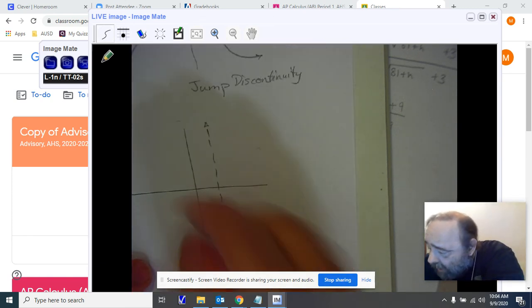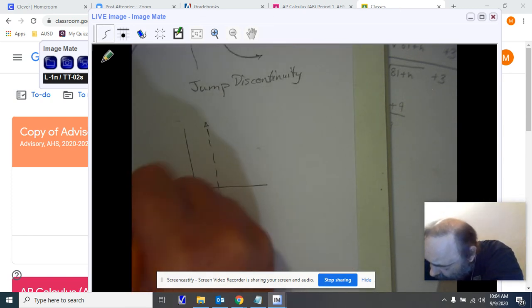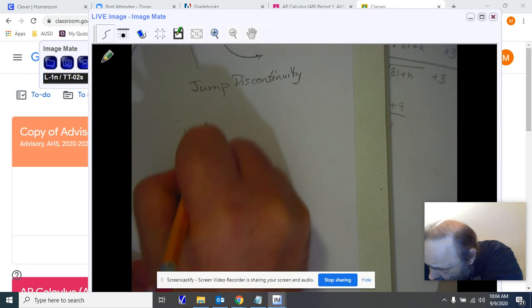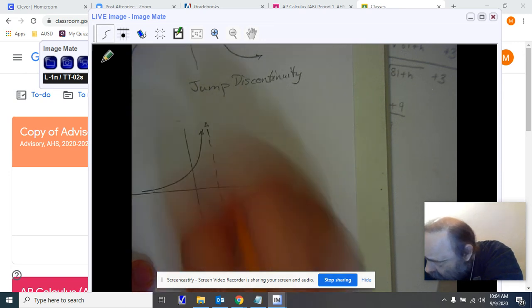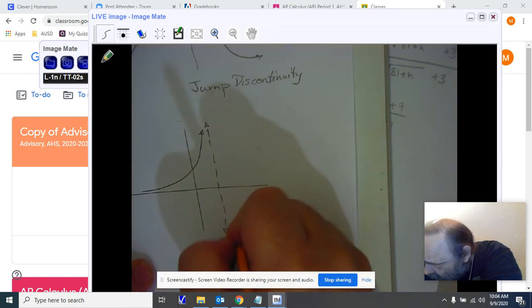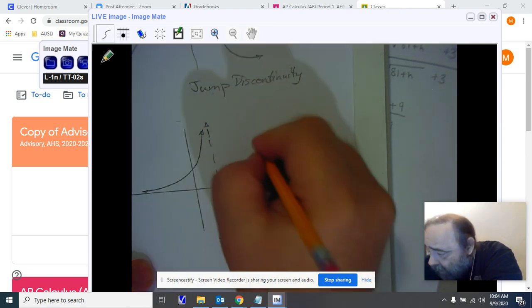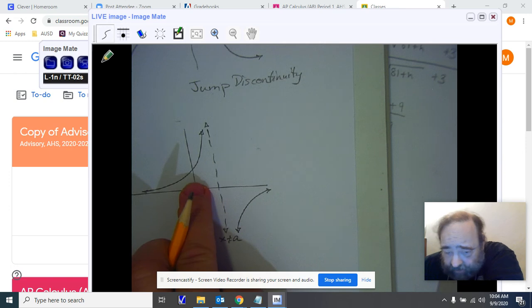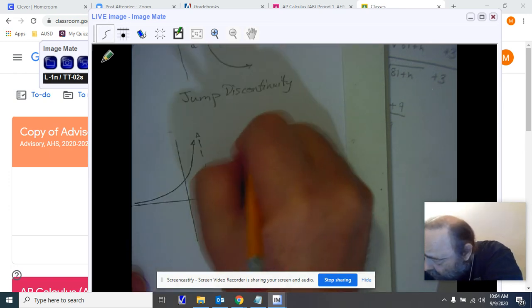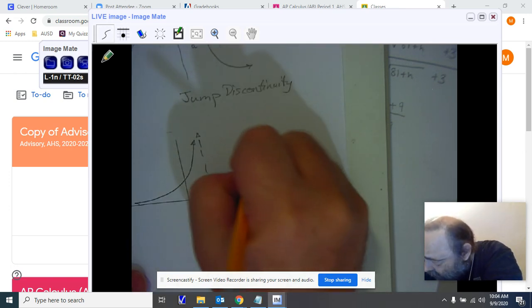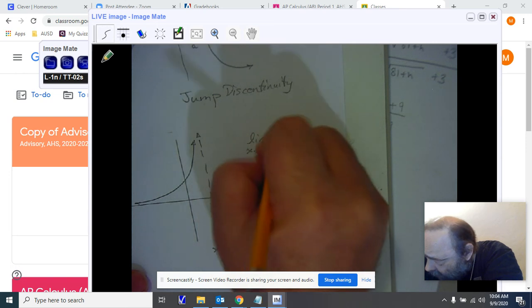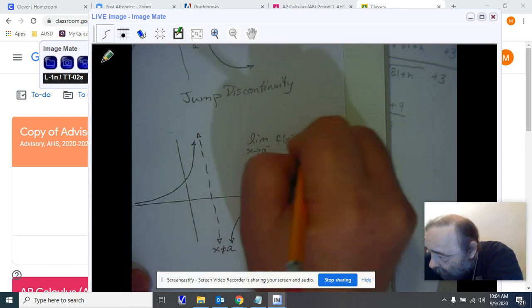Now let's just go ahead and draw a reciprocal function. And you'll notice that the limit as x approaches a from the left for this function is positive infinity.